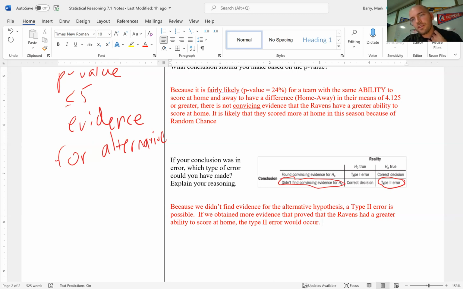I'd just say something like that. So that's the key there to remember, based on what your conclusion is, if you're finding evidence for the alternative hypothesis, or like this time we did not find evidence, that determines what type of error that you could get. All right, that's it.